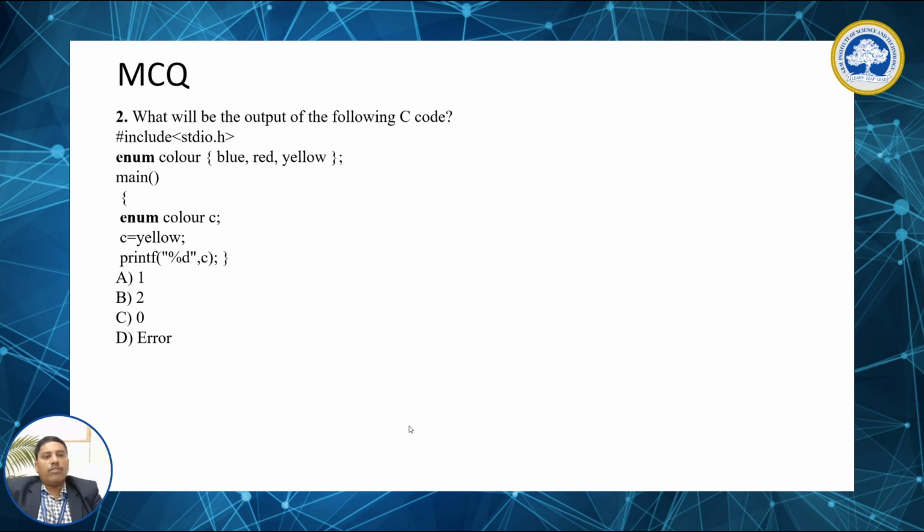The next one: what will be the output of the following C code? Here I created an enum color with blue, red, yellow. I access the yellow value, assign it to c, and print c. As per the definition, blue is assigned 0, red is assigned 1, and yellow is assigned 2. So the result is 2.